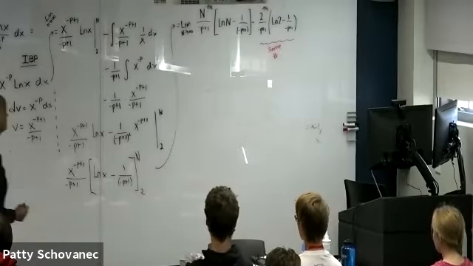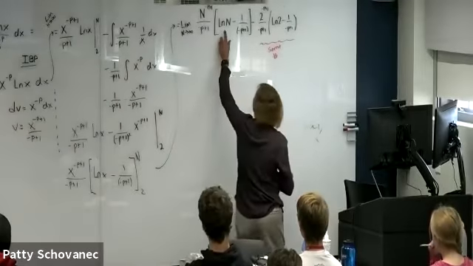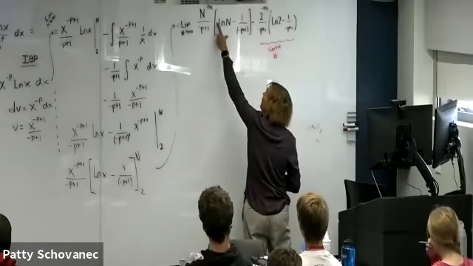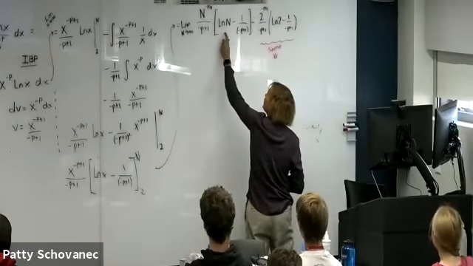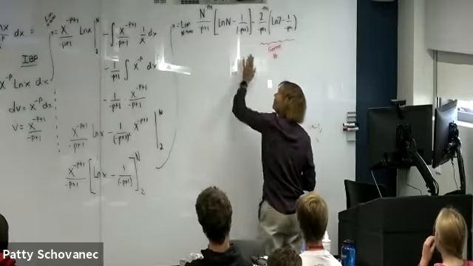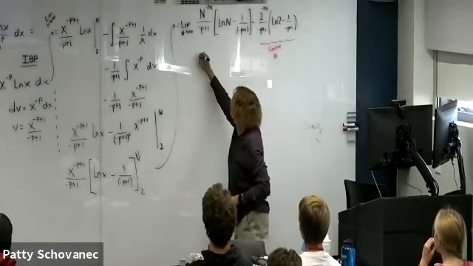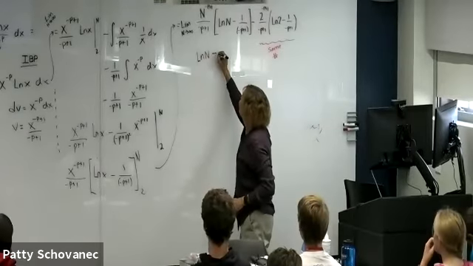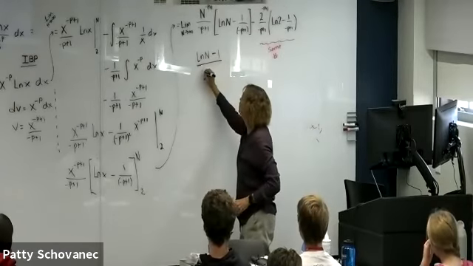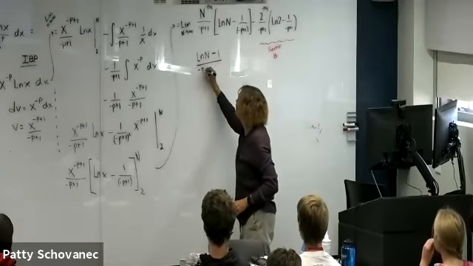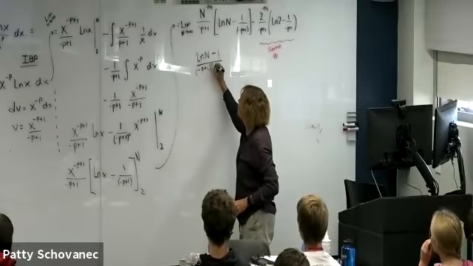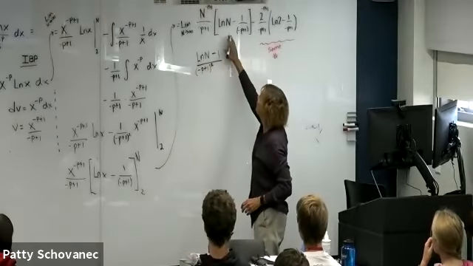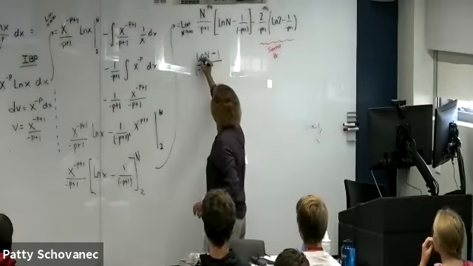let's see if you like this. I'm going to get a common denominator in here. So I'm going to multiply that by minus p plus 1 over minus p plus 1. I'm going to put that in there. And I'm going to have the natural log of n minus 1 over minus p plus 1 squared. Wait a minute, I need a minus p plus 1 here.